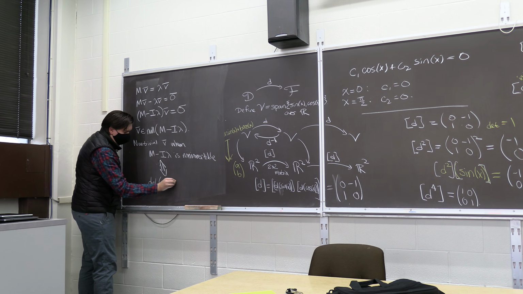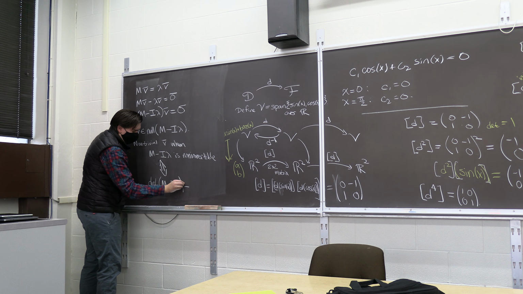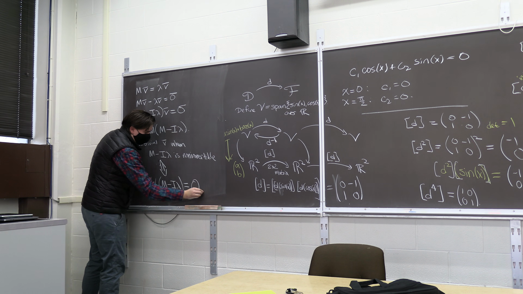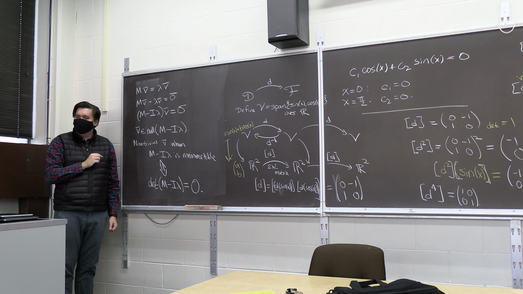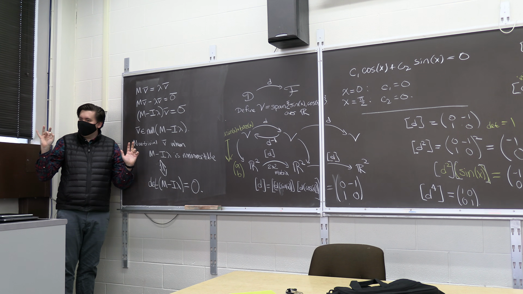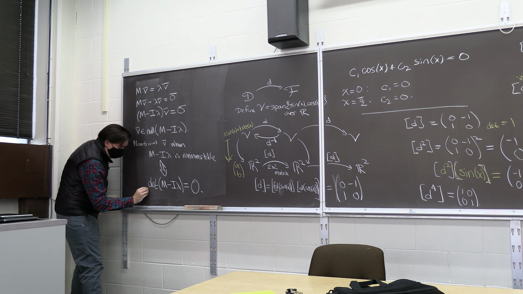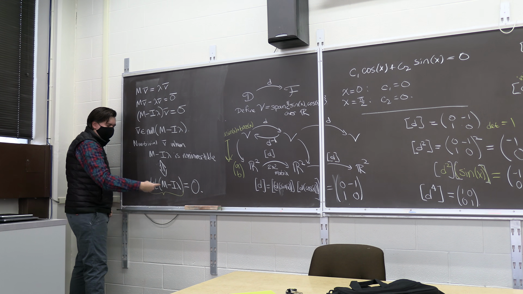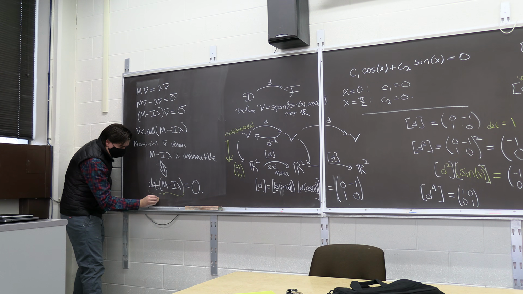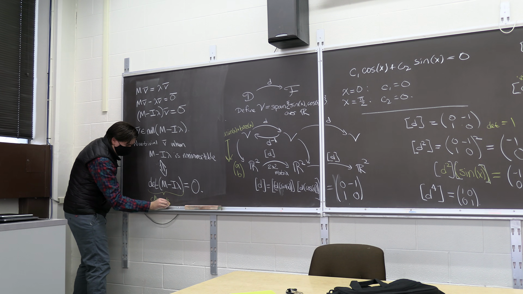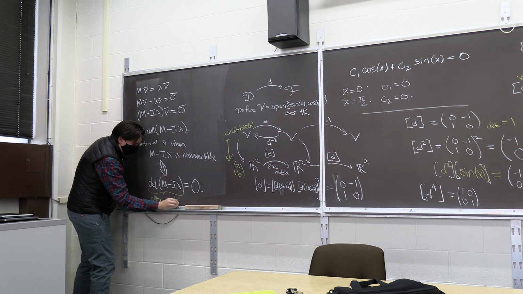So we really just want to solve this: when is the determinant of this matrix 0? This is how we find our eigenvalues. Solving this is going to give us what's called the characteristic polynomial. This is going to come out to be some polynomial in terms of lambda. It's called a characteristic polynomial.